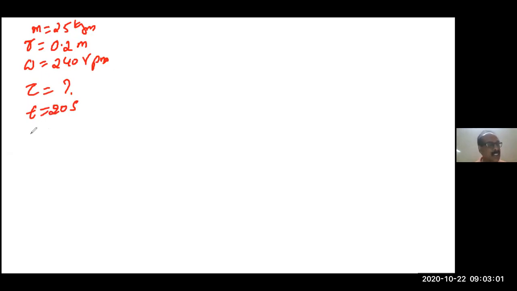If the torque is due to a force applied tangentially on the rim of the flywheel, what is the magnitude of the force?